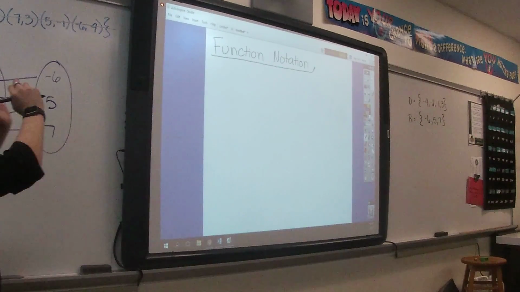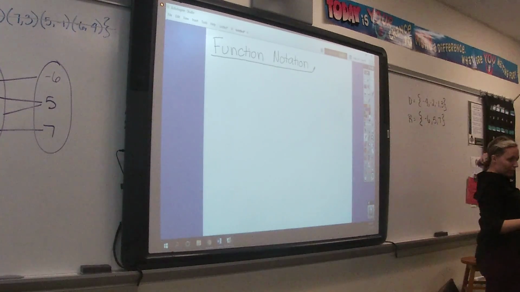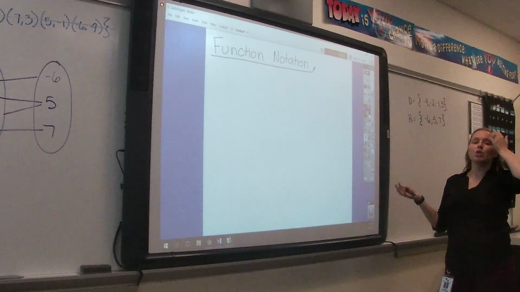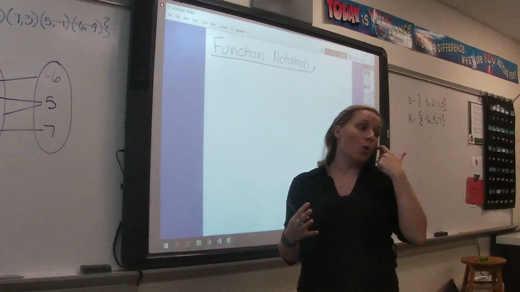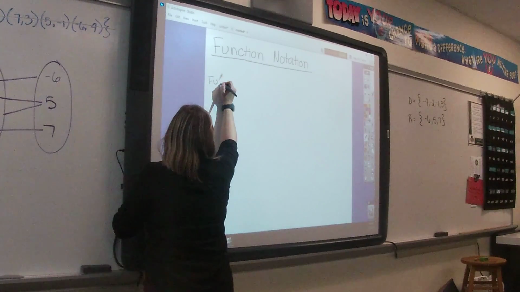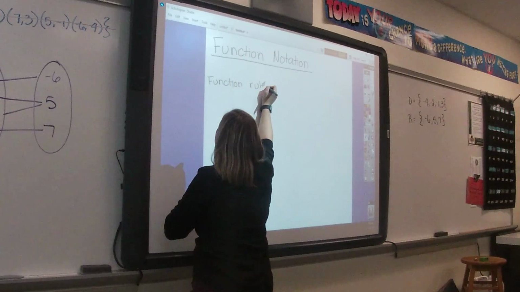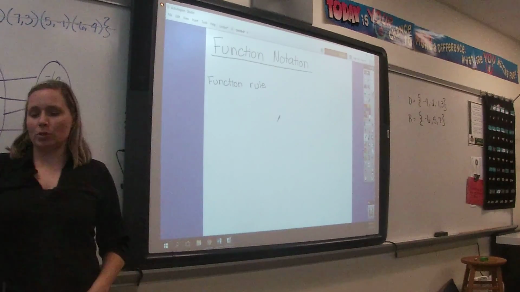Okay, so when we are dealing with new representations that we can use to represent functions, there's two sort of ways we can write them. One way is that we can talk about writing something called a function rule. It's sort of the one you've seen before, but maybe you don't remember.